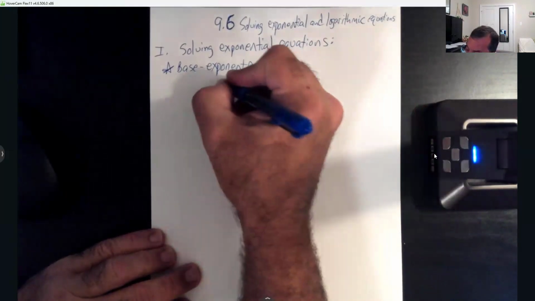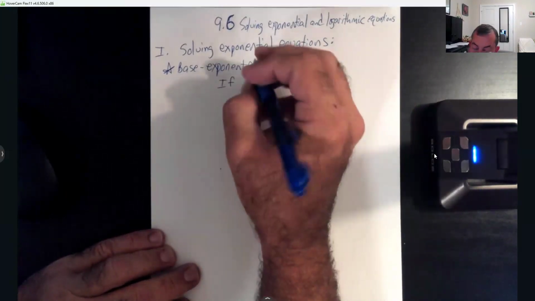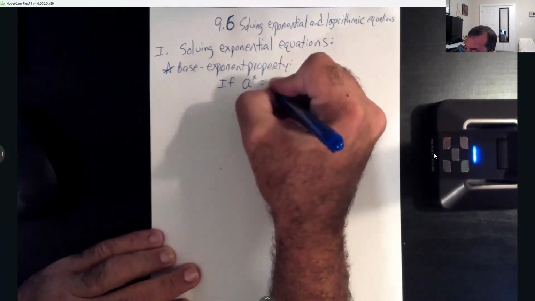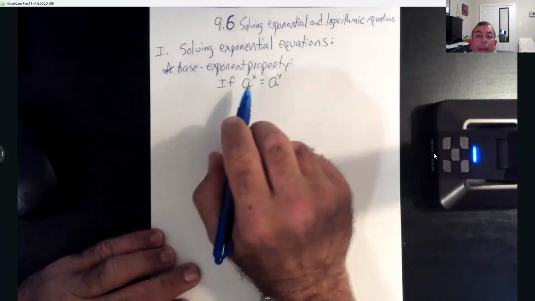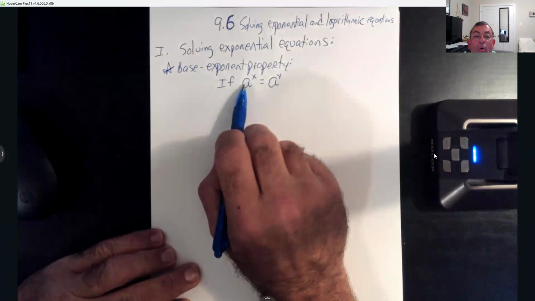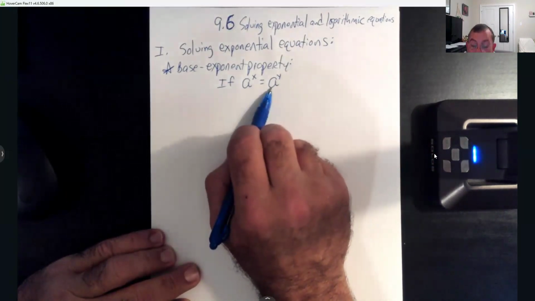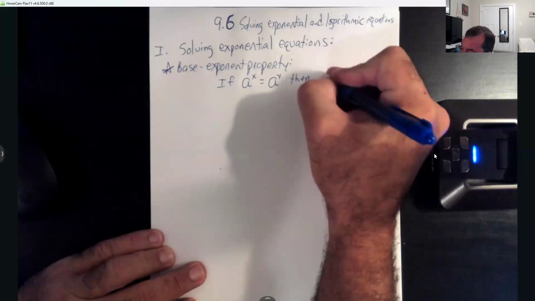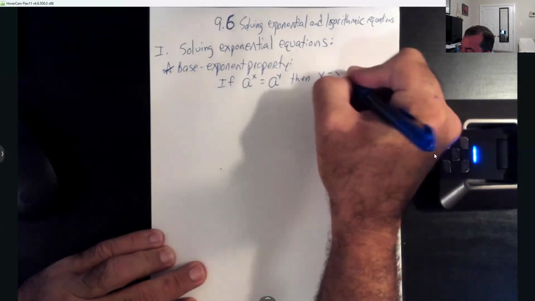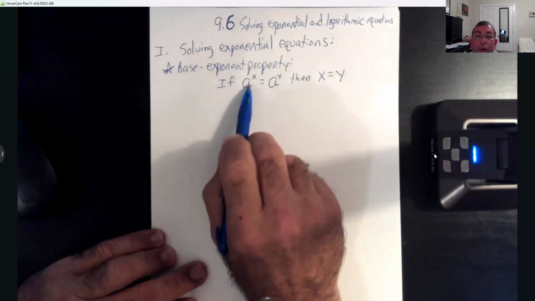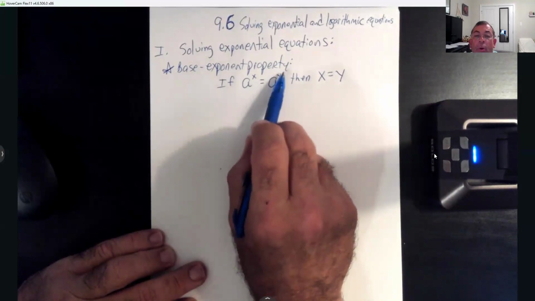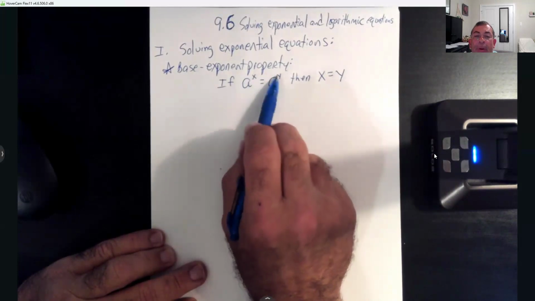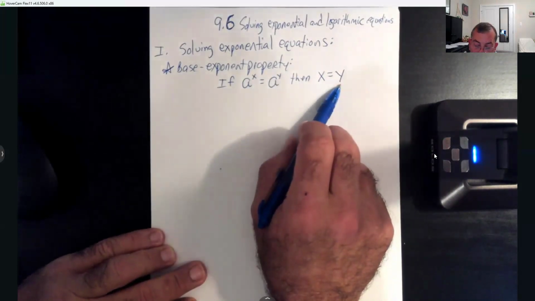This tells me if a to the x equals a to the y, so if you've got two sides equal with the same base, that means the exponents have to be equal. So if this was 2 to the x equals 2 to the y, then since they both have 2's here, the exponents are equal.